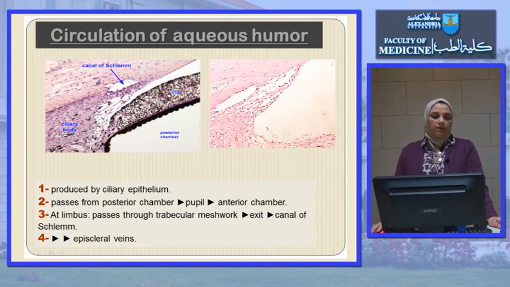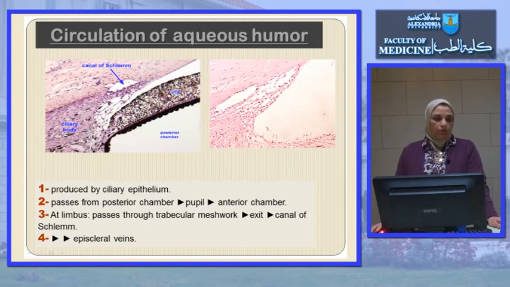So again, what are the steps of circulation of the aqueous humor? First, it's produced by the ciliary epithelium and then passes from the posterior chamber through the pupil into the anterior chamber, in between the iris and the lens.